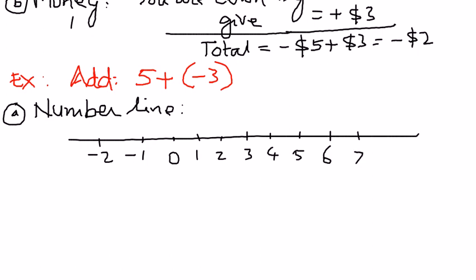So now we will identify where we want to be. The first number is positive 5, so it is 5 units from the origin, and then we will draw a line there, and then we're going to add negative 3 to it.